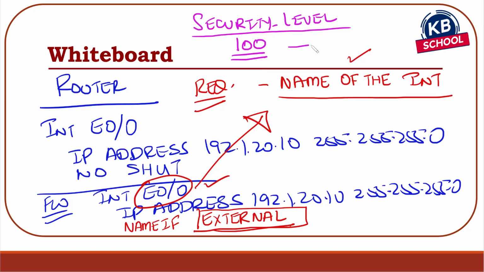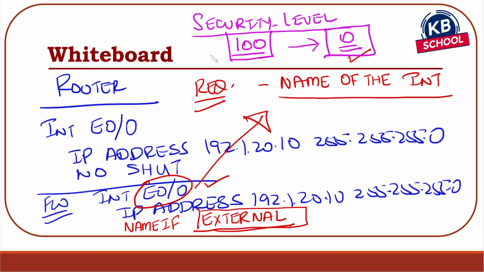And the lowest security level, the one that I don't trust at all, generally the internet, is an interface with a security level of 0. So you determine the trustworthiness of an interface by specifying this security level. And this security level, which we'll take a look at in detail in the next few slides, is the one that determines the default flow of traffic through the firewall.